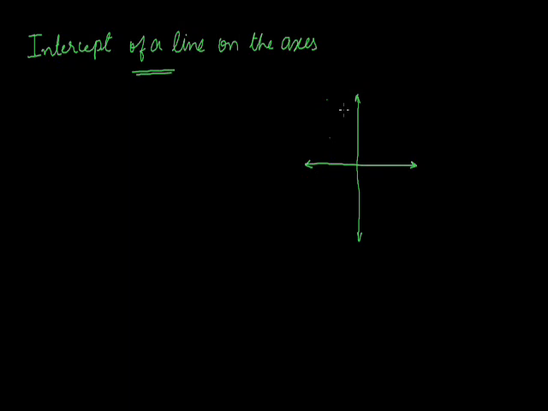If a line intersects our coordinate axis at 2 points, let me mark point A and point B, where point A is the intersection point of our line with x-axis. So let's say L is the line which intersects our x-axis at point A, and y-axis at point B. We're taking O as the origin of the intersection of the coordinate axis.